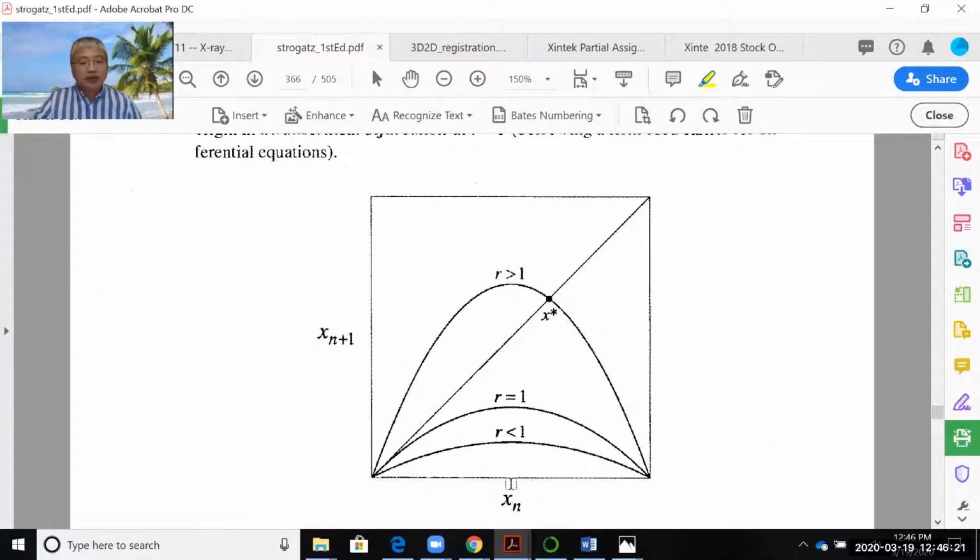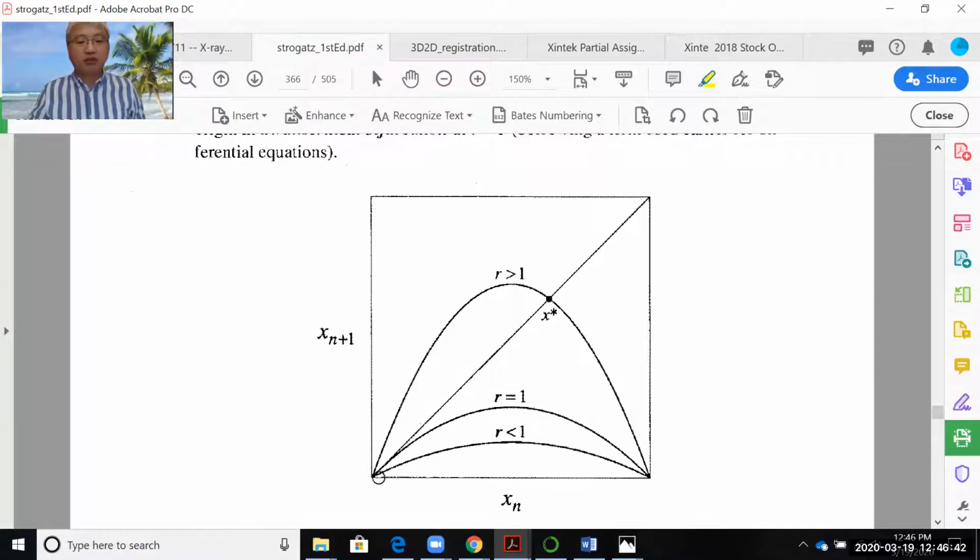So here is a graphic way to look at it. We're plotting here x n plus 1 versus x n, with the line x n plus 1 equal to x n, and this is the logistic map itself. When we change r, I simply change the height of this peak.